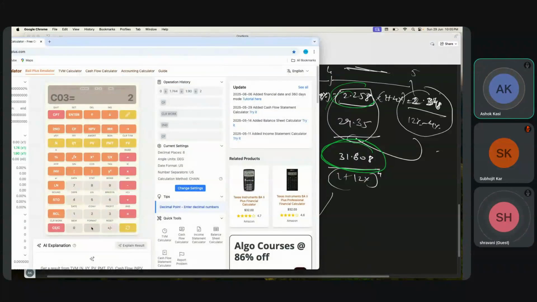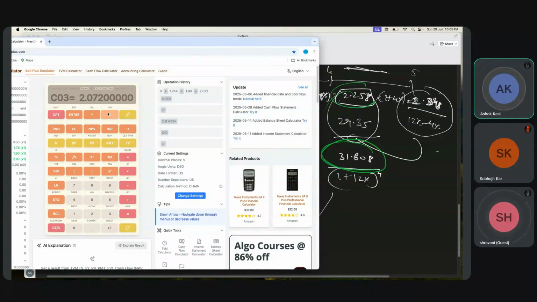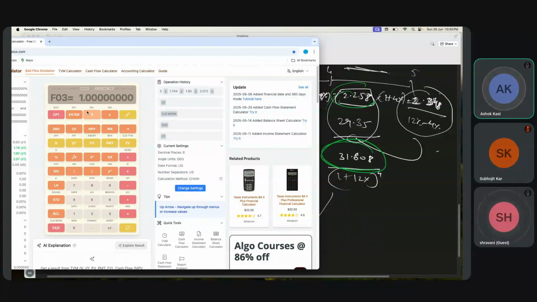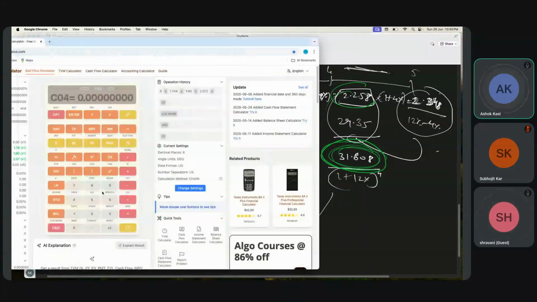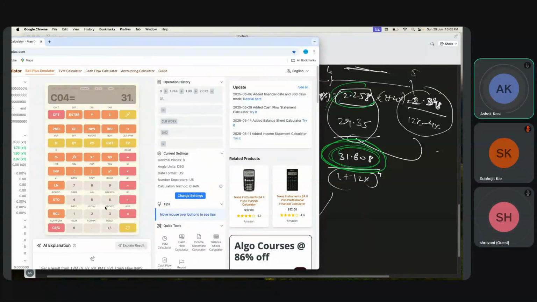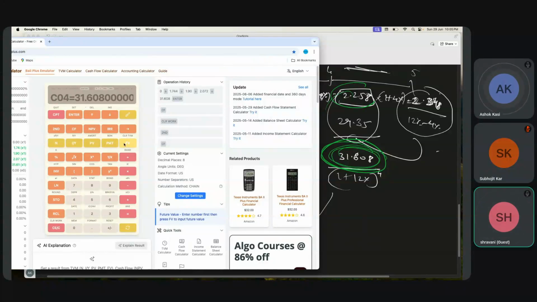Enter. Then downward arrow. Frequency again, ignore it. Then C04 is 31.608. Enter. Till here done.